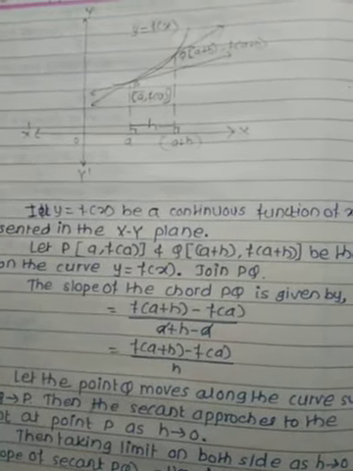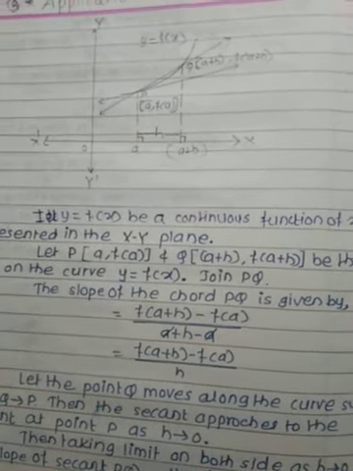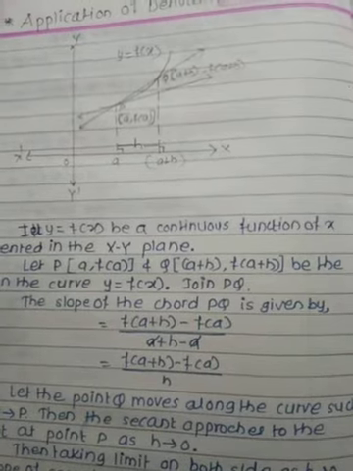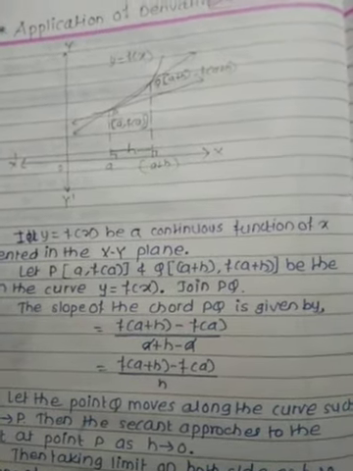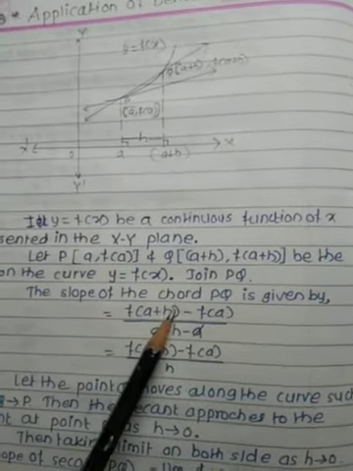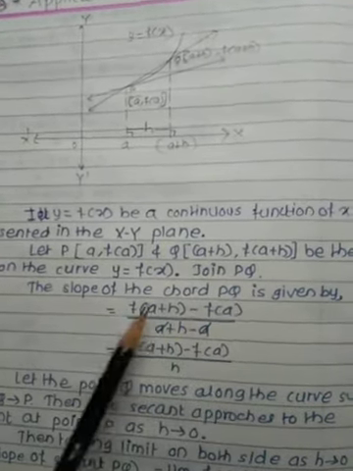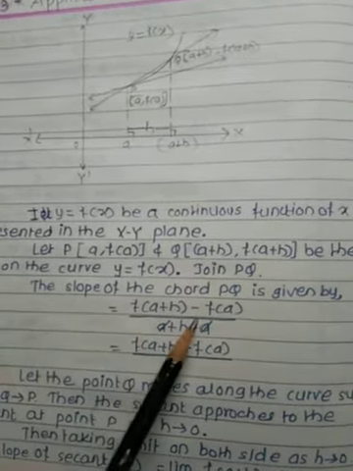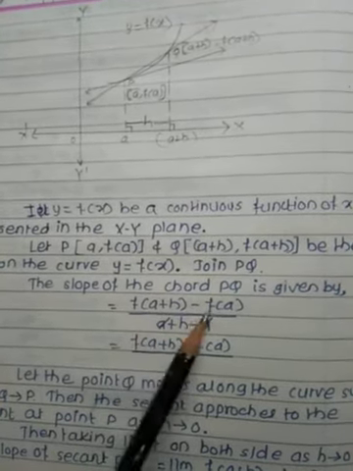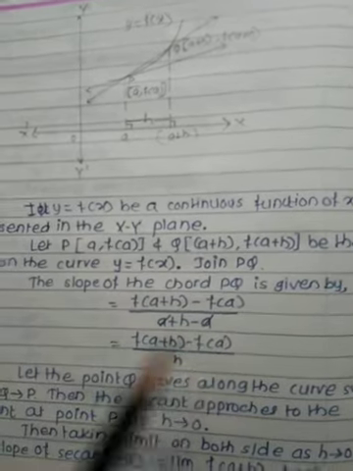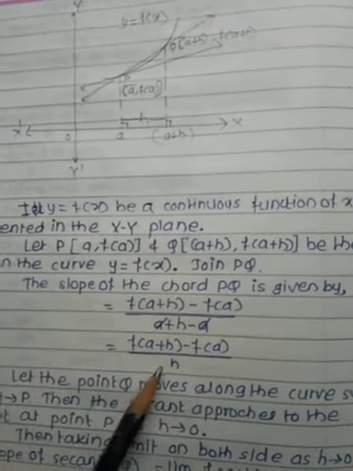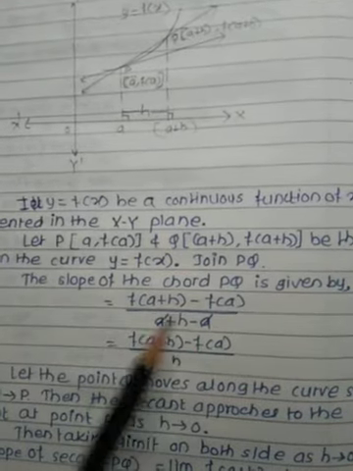We can find the slope using the formula y2 minus y1 upon x2 minus x1, studied in the 10th standard. So the slope of the chord pq is f of a plus h minus f of a divided by a plus h minus a, that is, f of a plus h minus f of a divided by h.